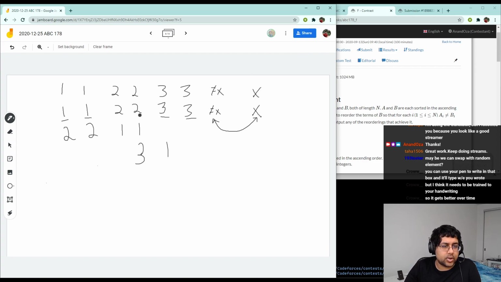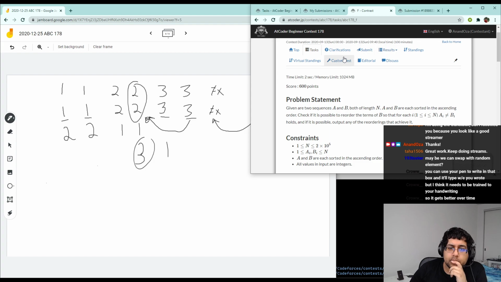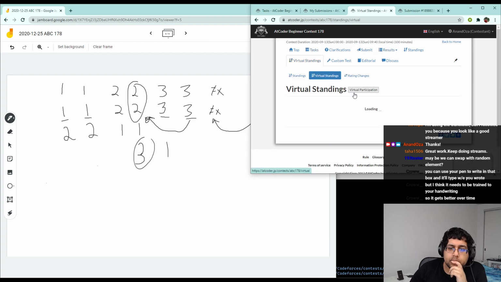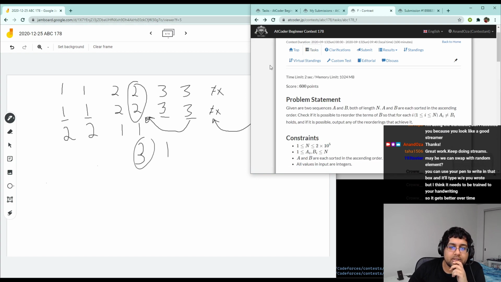Like in this case, we could swap it to here, except this 3 was already swapped in there.